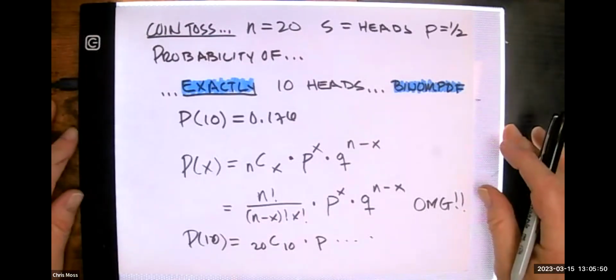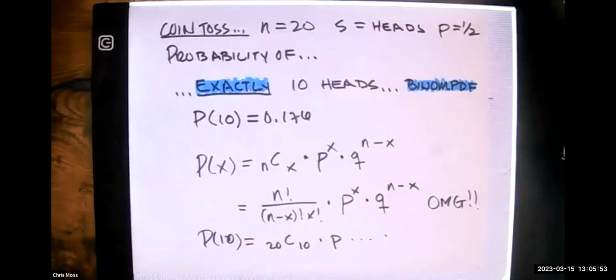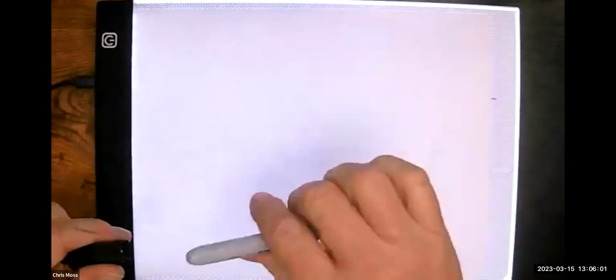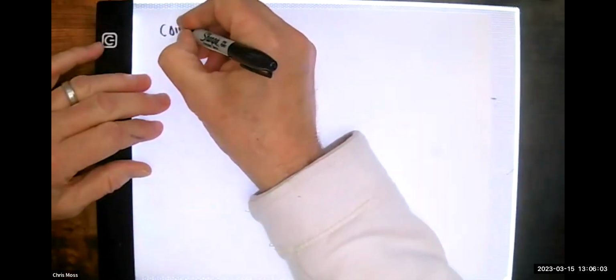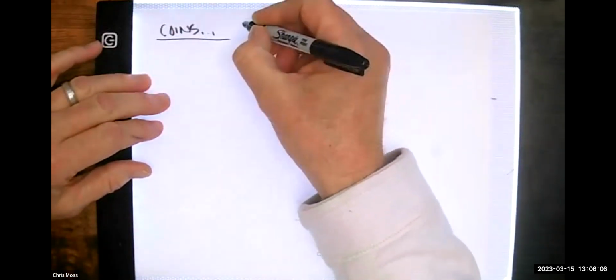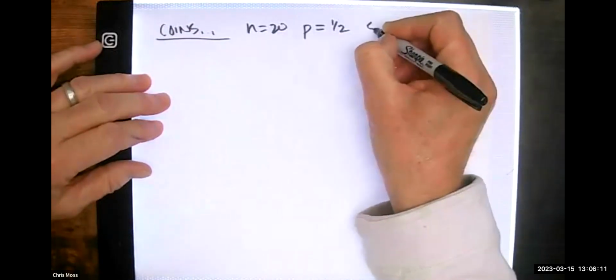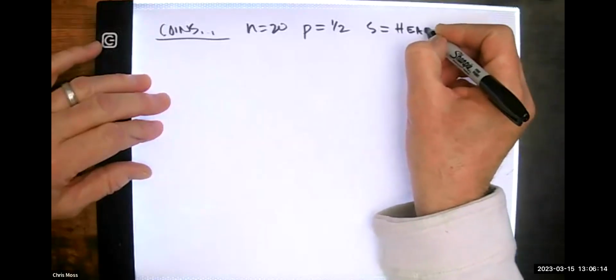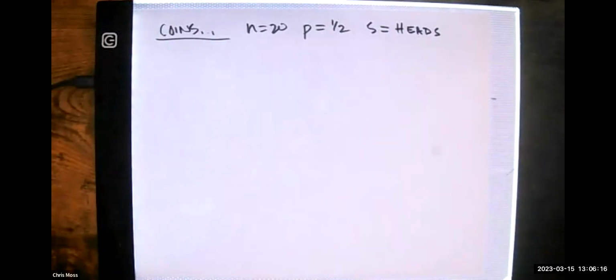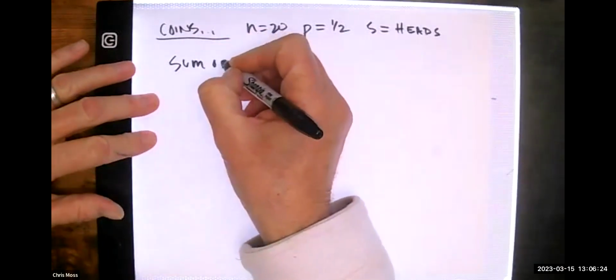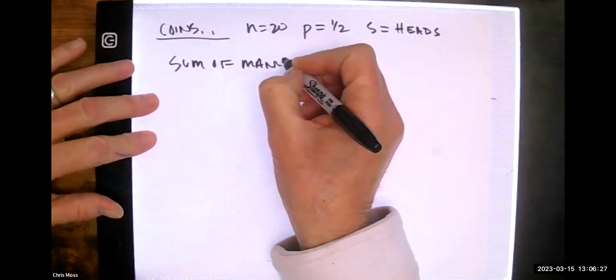So now we're still flipping coins. S is equal to heads. All right, so now I want to talk about the sum of many.